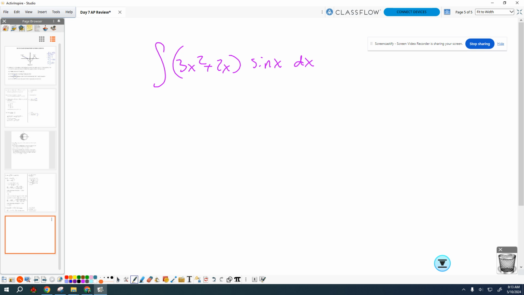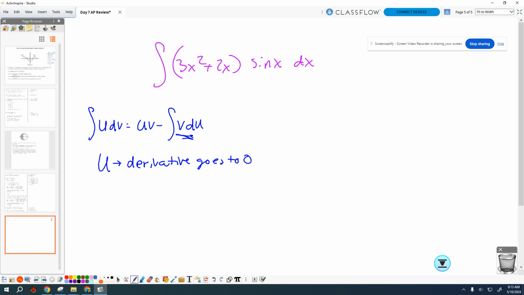The acronym to choosing the U and the V. So this is the Voodoo, VDU. Choosing the U, usually we want the derivative to eventually go to 0.